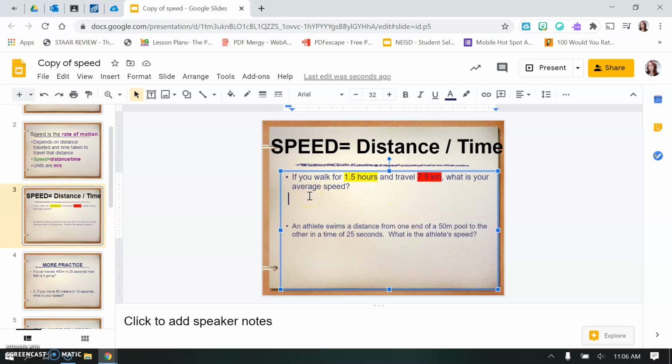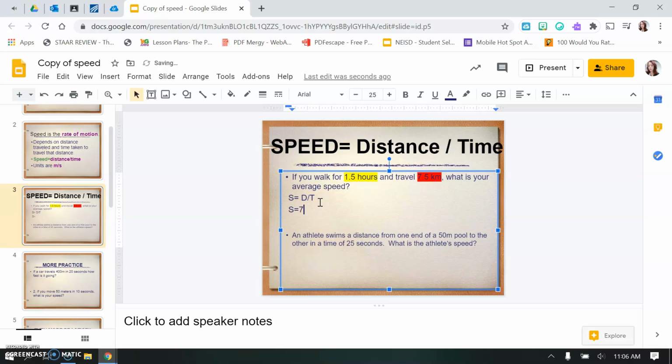So when we're writing this out, I'm going to write the formula. Speed, S equals distance divided by time. Now we have our distance, so speed equals distance divided by time.